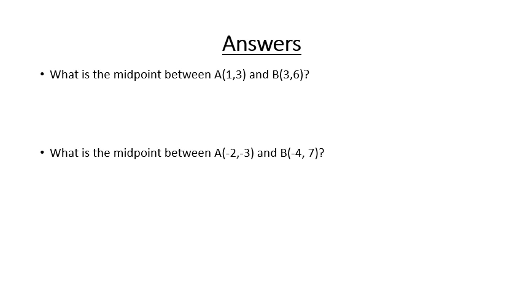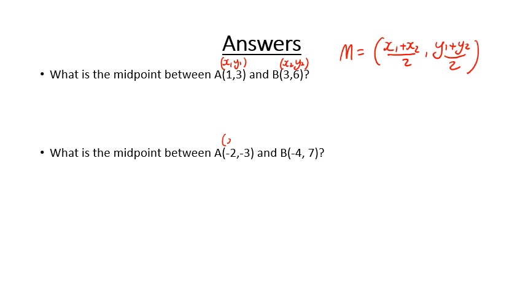Okay, so let's see how you went in our first one. Remember that our midpoint is going to be x1 plus x2 all over 2, y1 plus y2 all over 2. Remember here, our x1 and y1 values. Here is our x2 and y2 values.